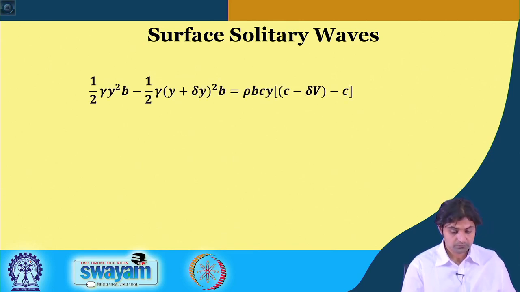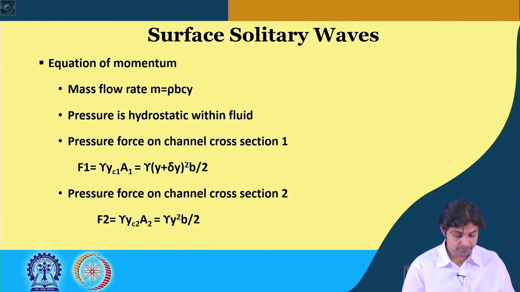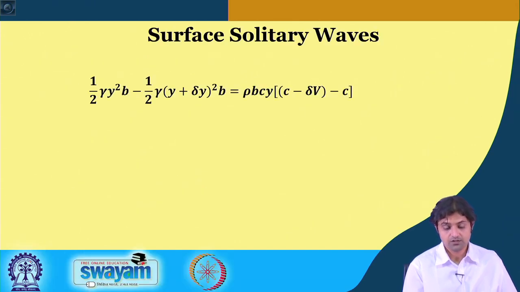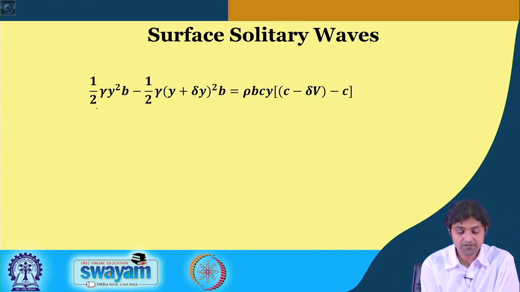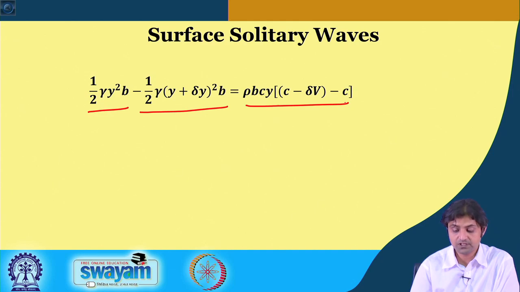So, we apply the change in momentum: the rate of change of momentum is the force. We obtain half gamma y square b, that is the force on the right hand side, minus the force on the left hand side, equal to rho b c y, the mass flow rate.